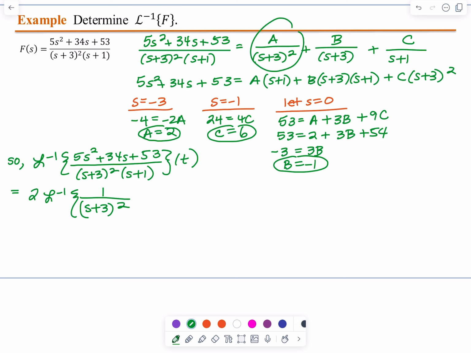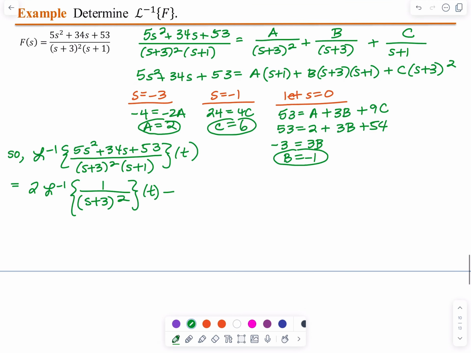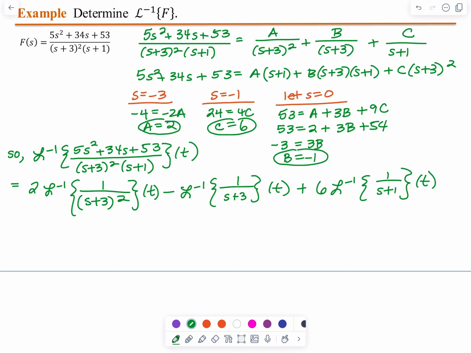That's this term right here. Of t minus, and let's put b in. B is negative 1, so we can just keep that minus. The inverse transform of 1 divided by (s plus 3) of t plus, and now we'll use our c equal to 6, so we have 6 multiplied by the inverse transform of 1 over (s plus 1) of t.